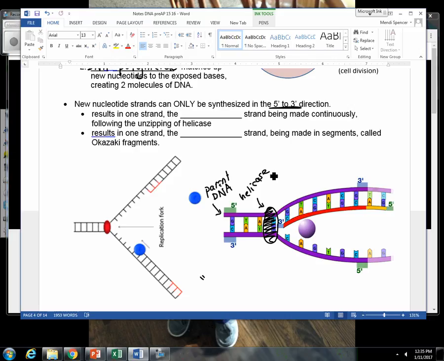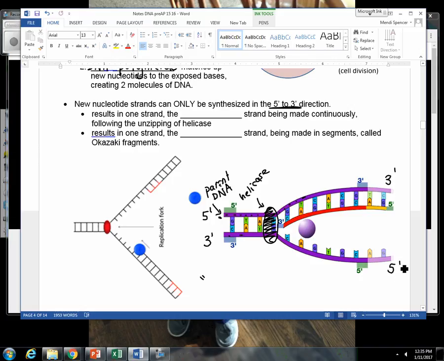So this end is the 5' end. If you follow this purple strand down, then down here is the 3' end of a nucleotide. So this end is going to be 3', and if you follow this down, this end is going to be 5'.